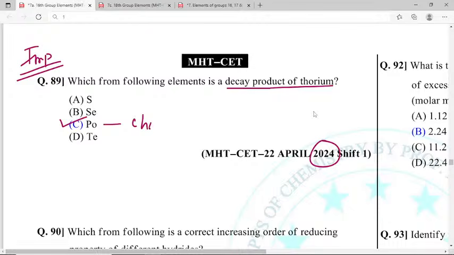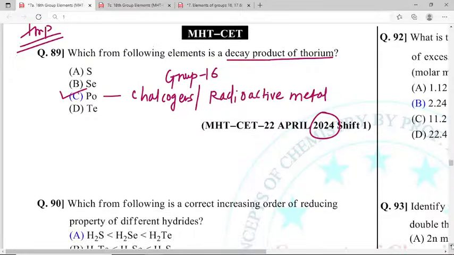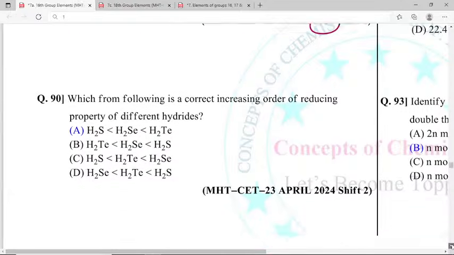Polonium is a chalcogen and a radioactive element, a radioactive metal. Chalcogens are group 16 elements. Group 16 radioactive metal is polonium.